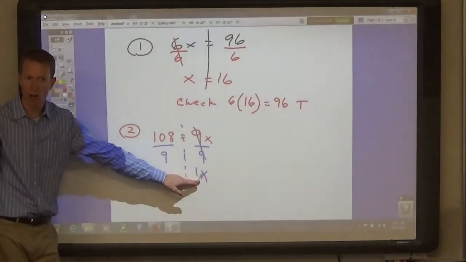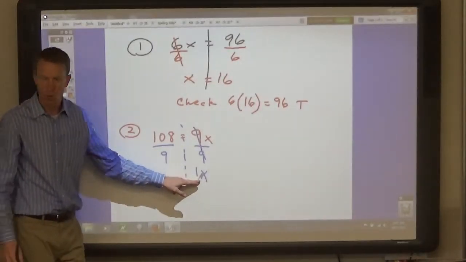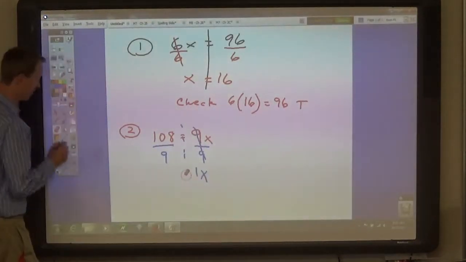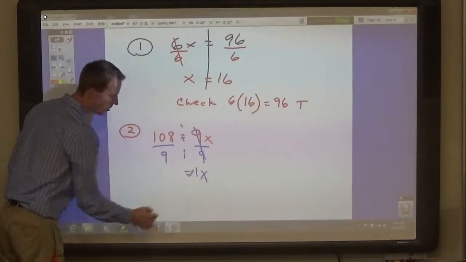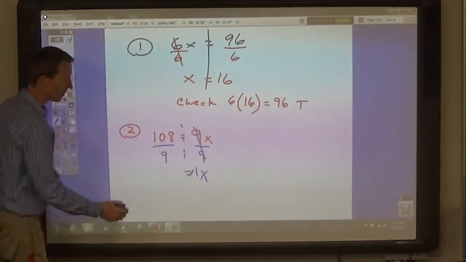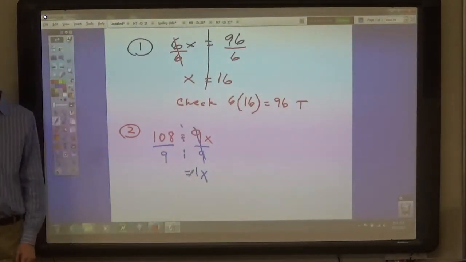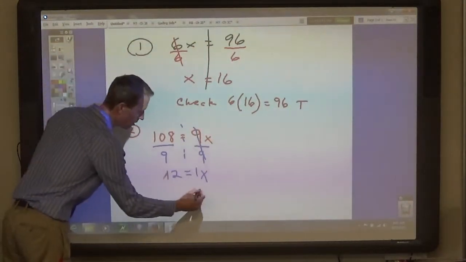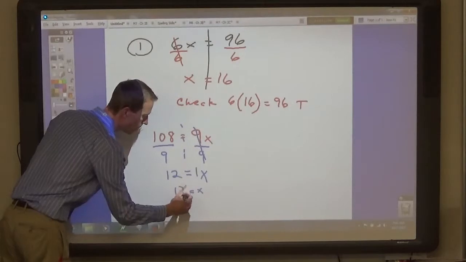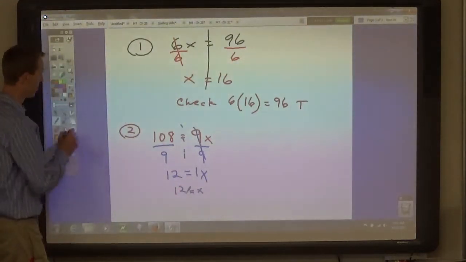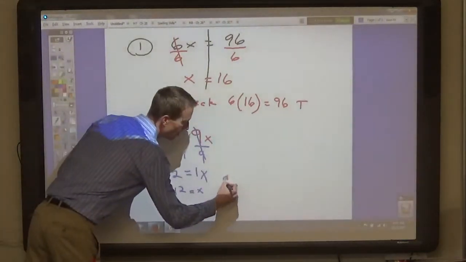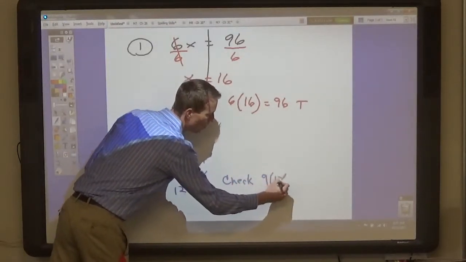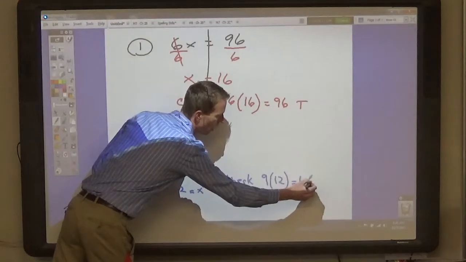That proves what 1x is. So 1x is left on one side. 108 divided by 9 is 12. So x equals 12. Check it. 9 times 12 equals 108.